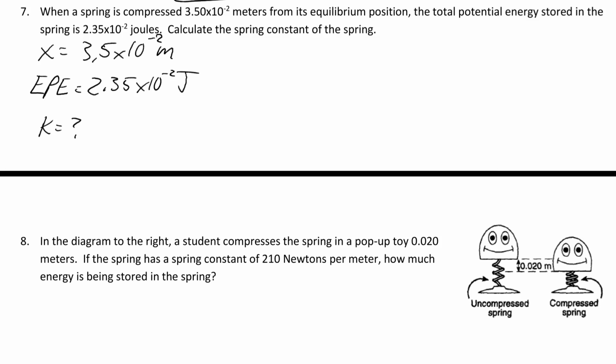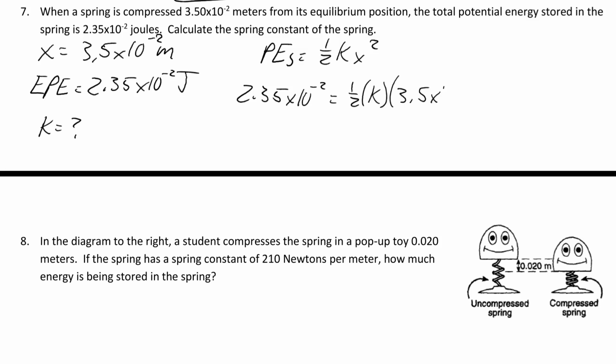Okay, so we have our givens and unknown. The equation we have to use is PES is equal to 1/2 KX squared. So this is 2.35 times 10 to the negative 2 equals 1/2 times K times 3.5 times 10 to the negative 2 squared. Again, don't forget to square it when you're doing your calculation.